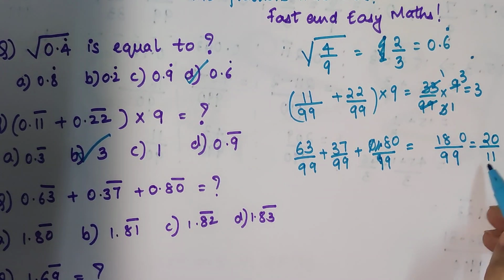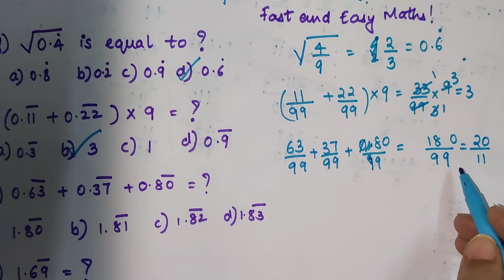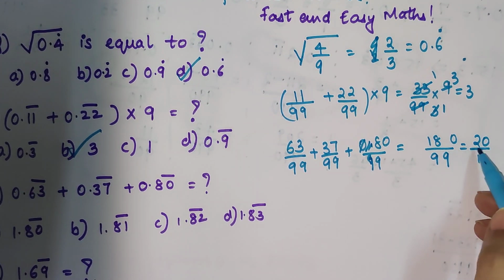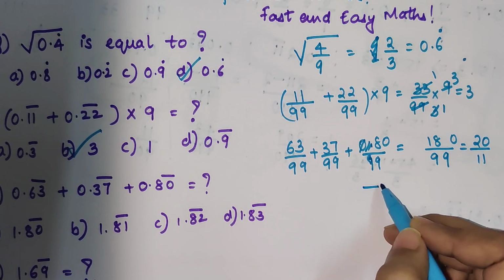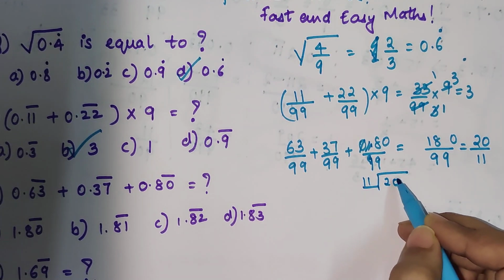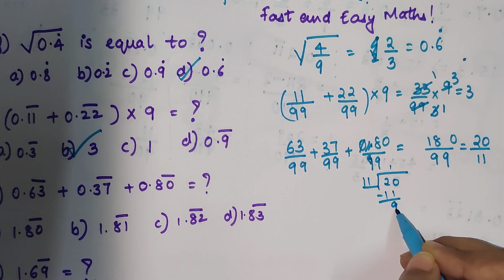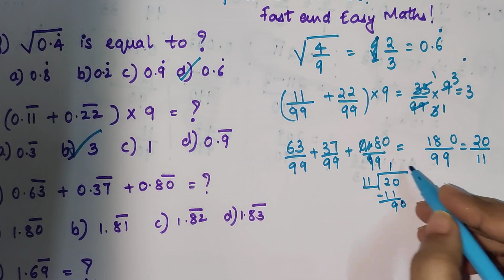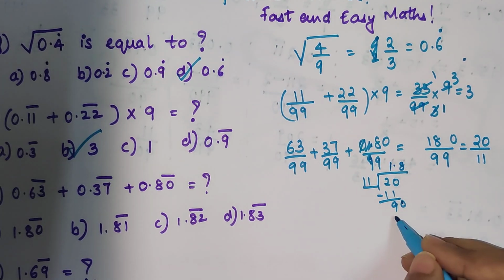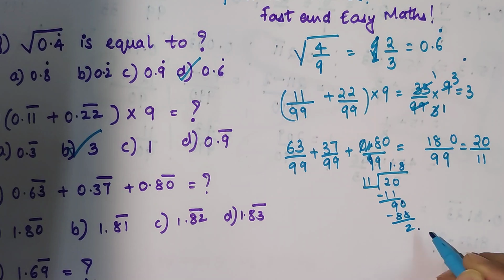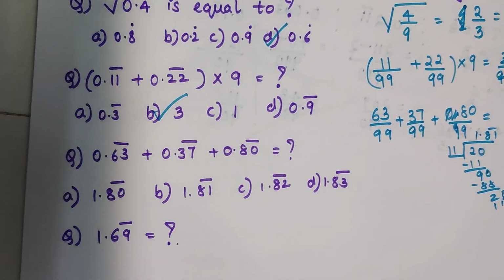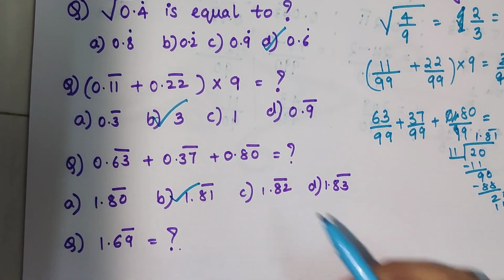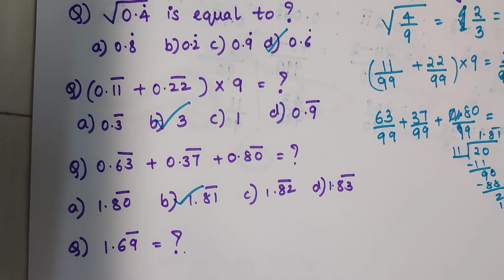Now understand, here I am getting an improper fraction. So we'll just quickly divide 20 by 11. 11 ones are 11, and 9 left, so we are left with 90. Then we have 1 point 8, 88. Again I'm left with 2. If you see, 81 is going to repeat itself. So my answer is 1.81, where 81 is recurring.